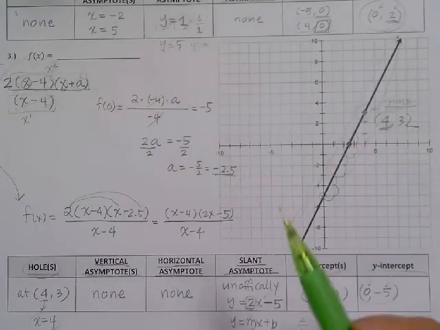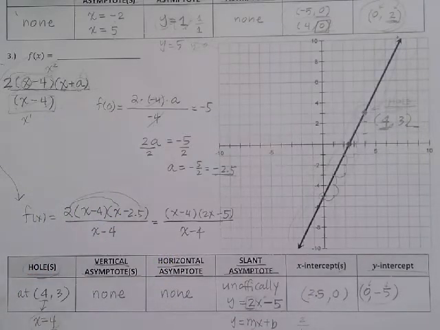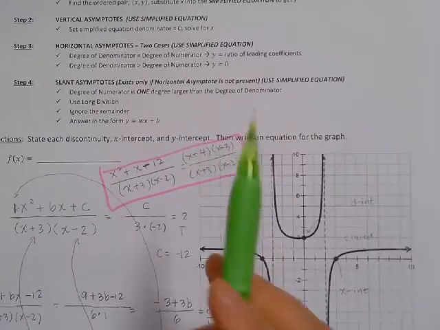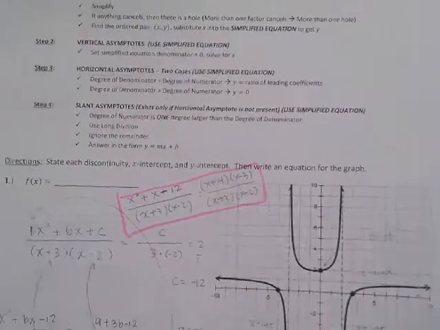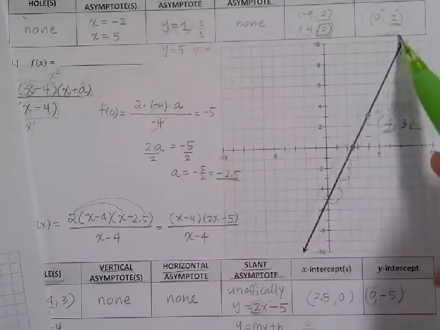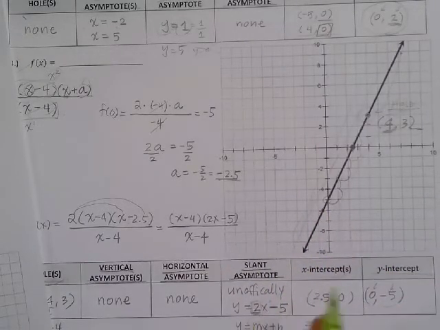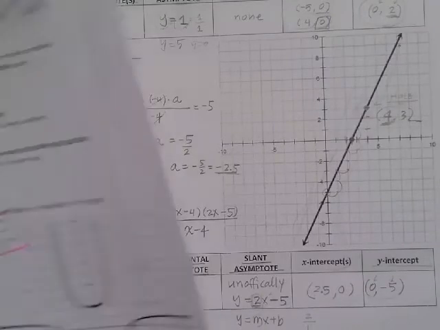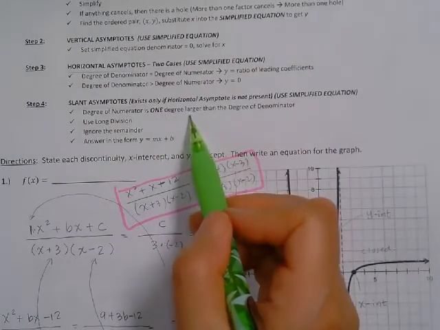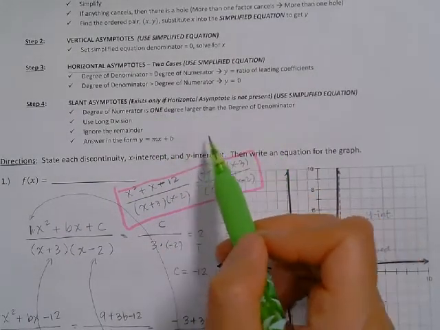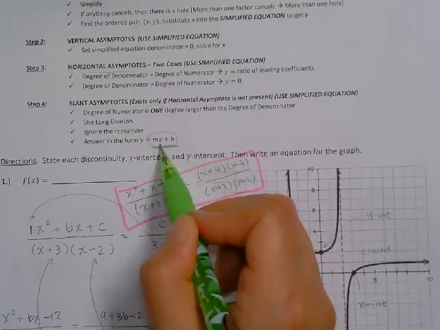Yeah? How did you get the 2 again? Oh, the 2. Okay, earlier we were discussing whether we have a horizontal asymptote or slant asymptote. And then we decided to consider this actual slant line, our slant asymptote here, right? Then the way that we find a slant asymptote is we divide the top, one degree higher, by the denominator so that the quotient will look like mx plus b form.